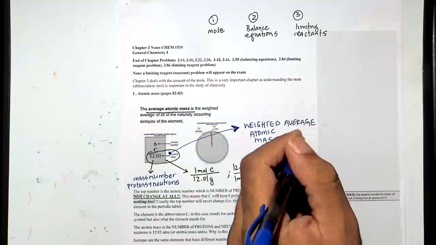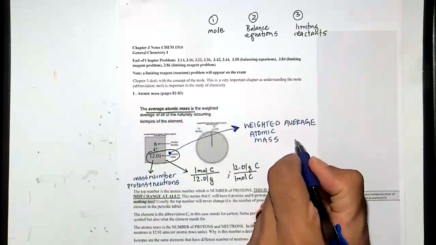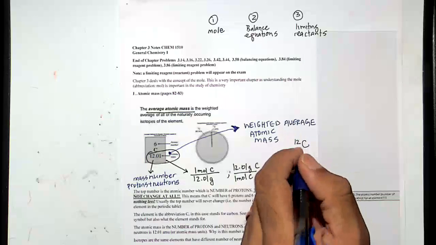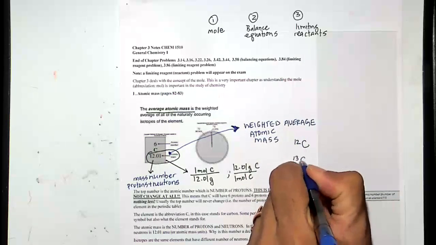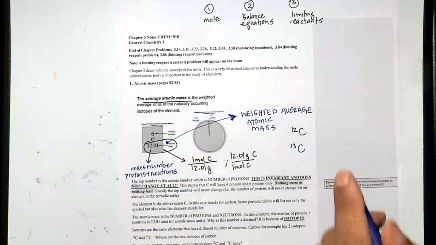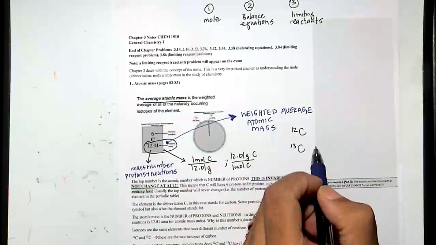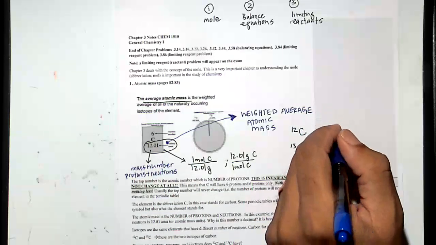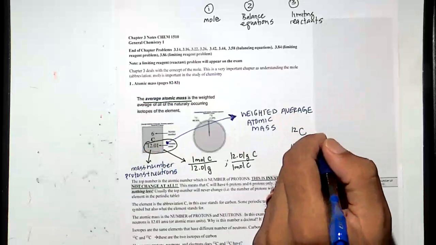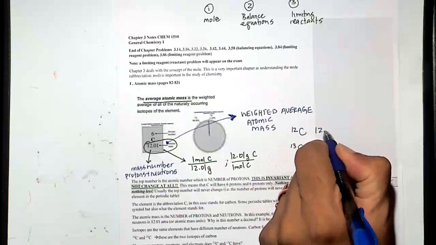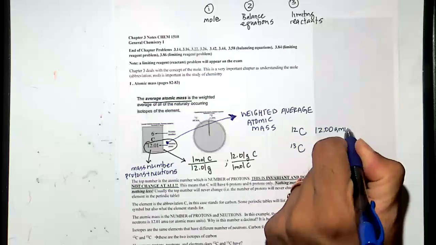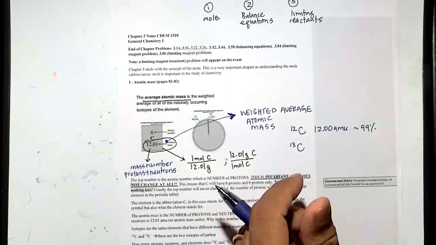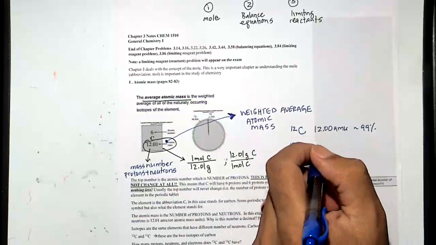What does that mean? It means that we have a version of carbon that's 12, and then we have a version of carbon that's about 13. Which do you think you have more of, carbon 12 or carbon 13? It turns out that 12.01 is 12 AMUs, or atomic mass units, and it's about 99% of the carbon on our planet.